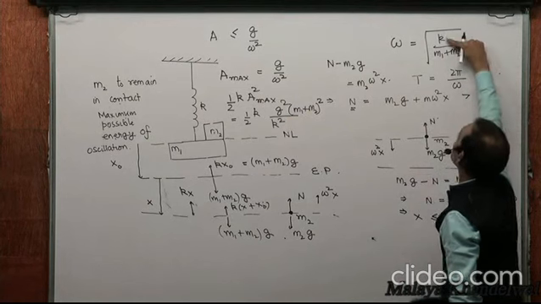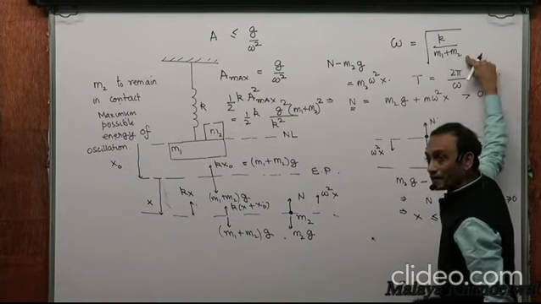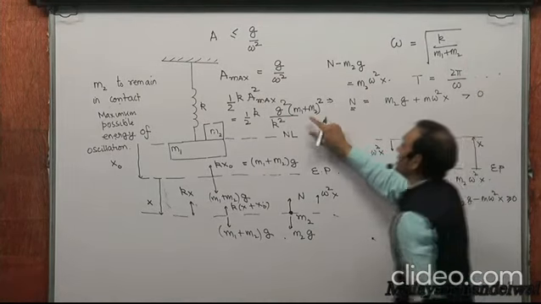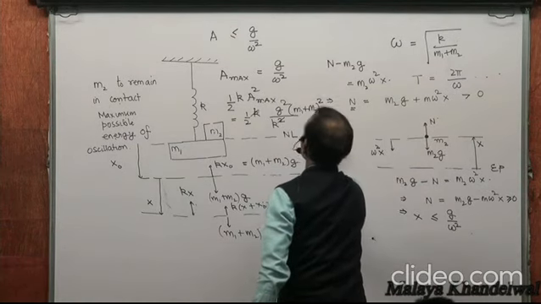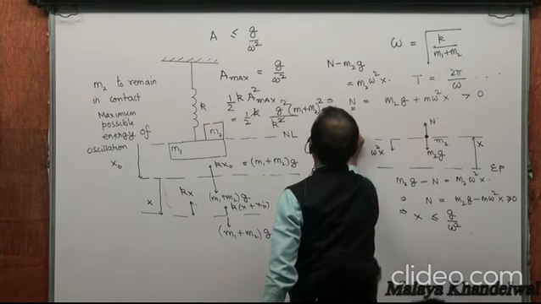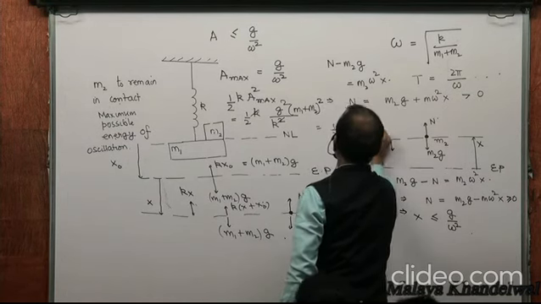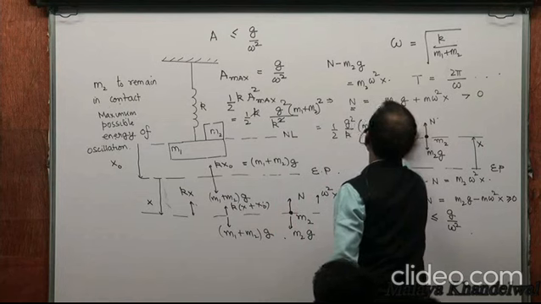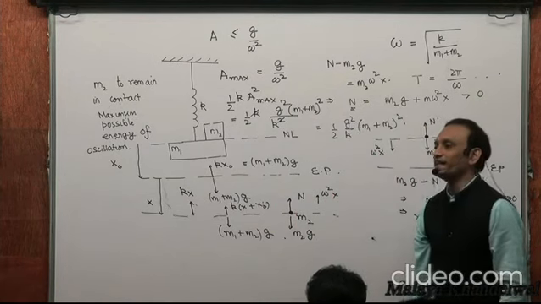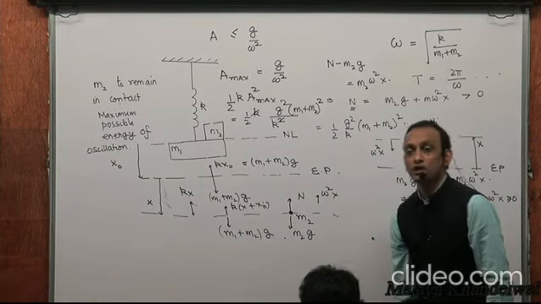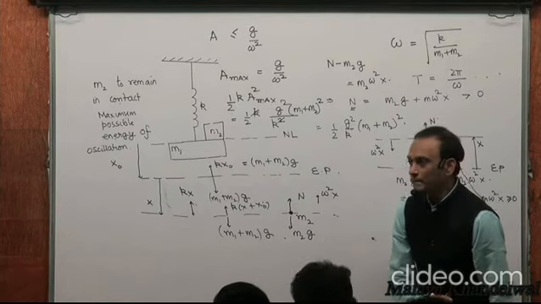Omega to power 4 is k squared by m1 plus m2 whole squared. Yes or no? That's the maximum possible energy. Again, as you can see, this is as good as half of g squared by k into m1 plus m2 whole squared. That's the maximum possible energy of oscillation of the system. Does it make sense to all of you?